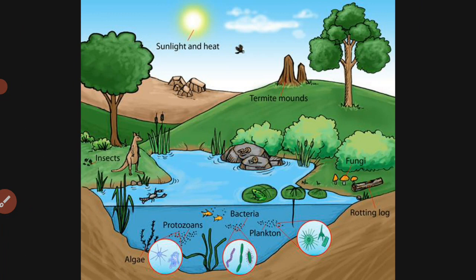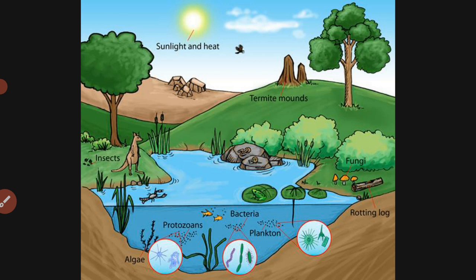The size of the ecosystems varies greatly. It can be as large as the rainforests, grasslands, deserts, lakes, rivers, or as small as a pond, as you can see in this picture.